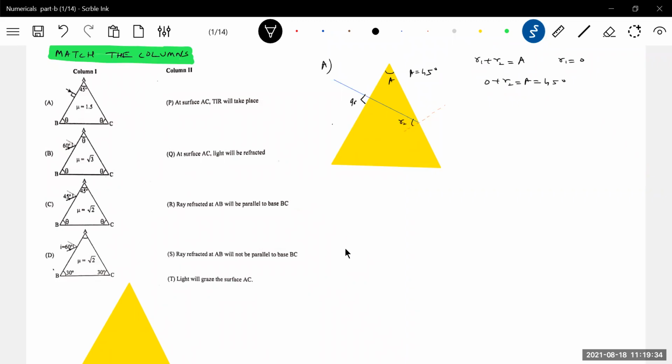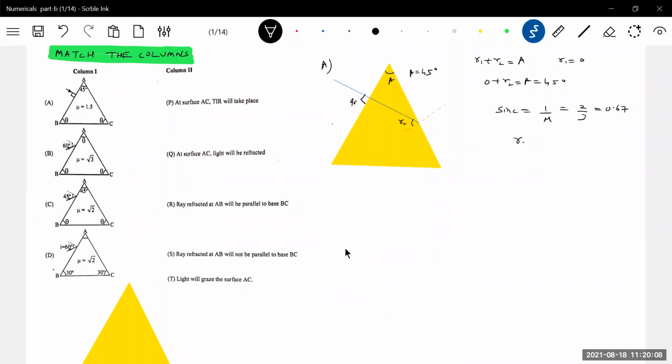Here, whether it will undergo TIR or not will be determined by the critical angle. So what is the sine of the critical angle? Sine C should be equal to 1 by mu. Mu equals 1.5, so 2 by 3. This is the critical angle. Now what is the incident angle? The incident angle is 45 degrees. So 2 by 3 becomes 0.67.